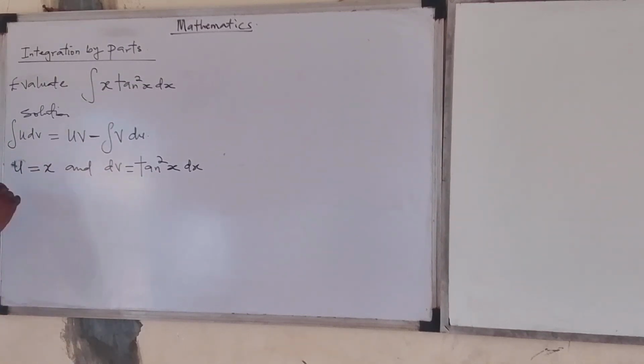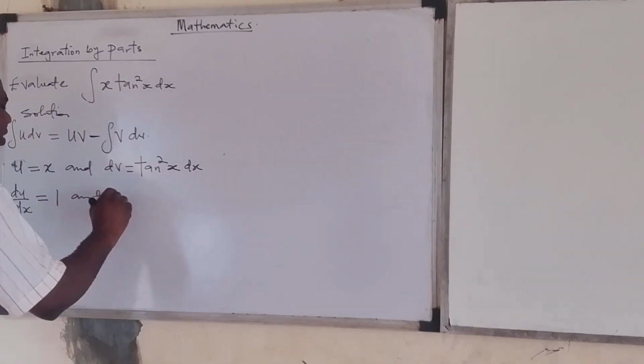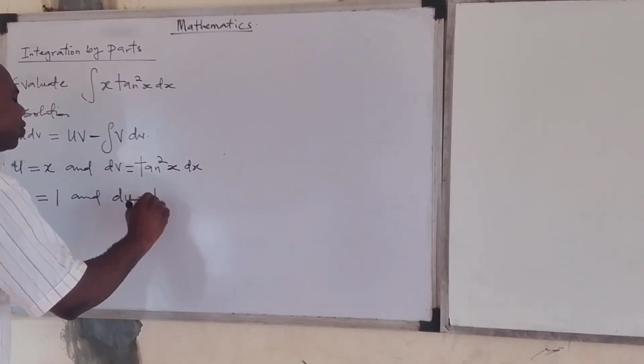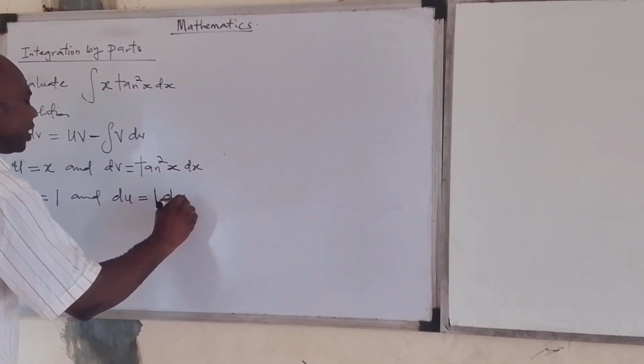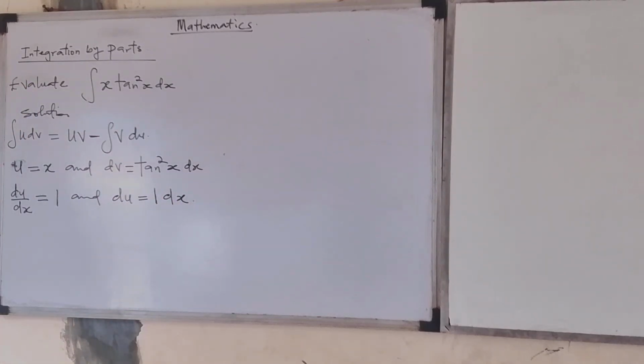Now, let's begin. du over dx: when you differentiate x, it gives 1. When you cross multiply, we have du equal to 1 dx. Yes, that's the value of our du.